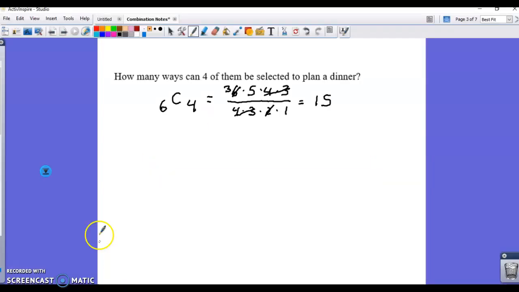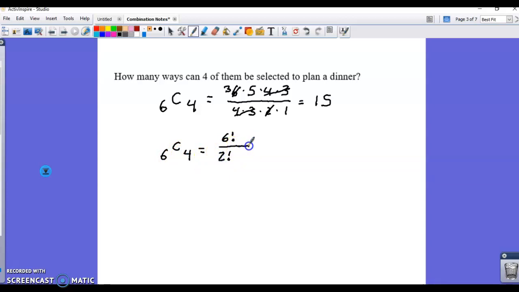So, all right. If you look at this with factorials, that 6 choose 4. Well, to get the permutation, like we were doing before, the factorials would be 6 factorial, which would be 6, 5, 4, 3, 2, 1, divided by, and we subtracted these two, which is 2 factorial.